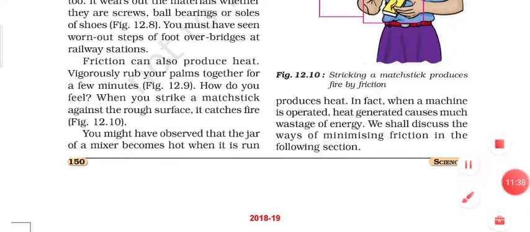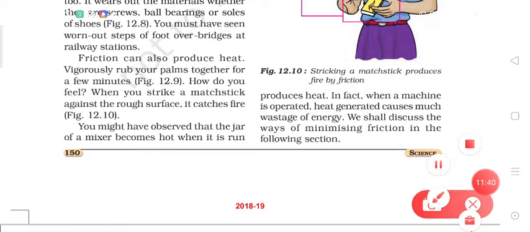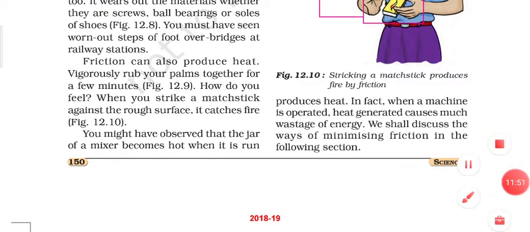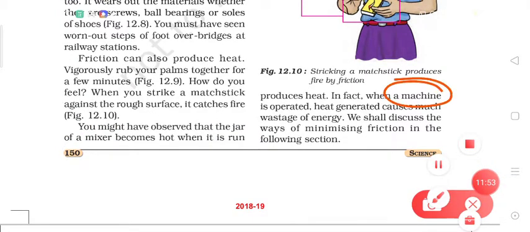You have also noticed that when you are running a mixer grinder, the jar of the mixer becomes very hot. This is due to friction. Not only this, in most machines, the parts which are rubbing together while the machine is running produce a lot of heat through friction, and this heat is actually just a wastage of energy, right?